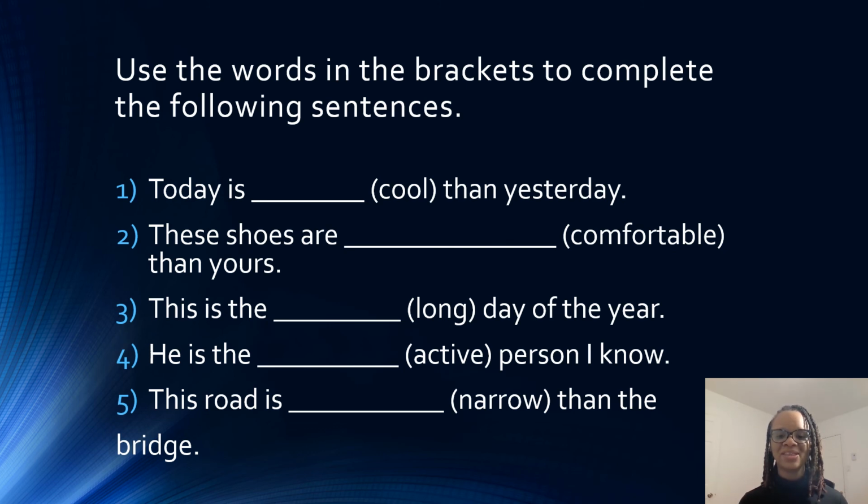Number 3, this is the day of the year. Use the adjective long. Number 4, he is the person I know. Use the adjective active. And finally, this road is narrow than the bridge. Use the adjective narrow.